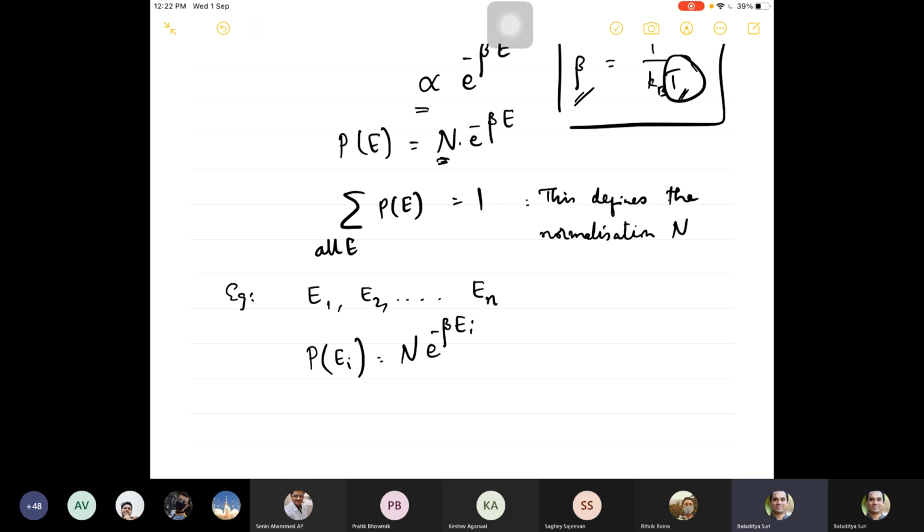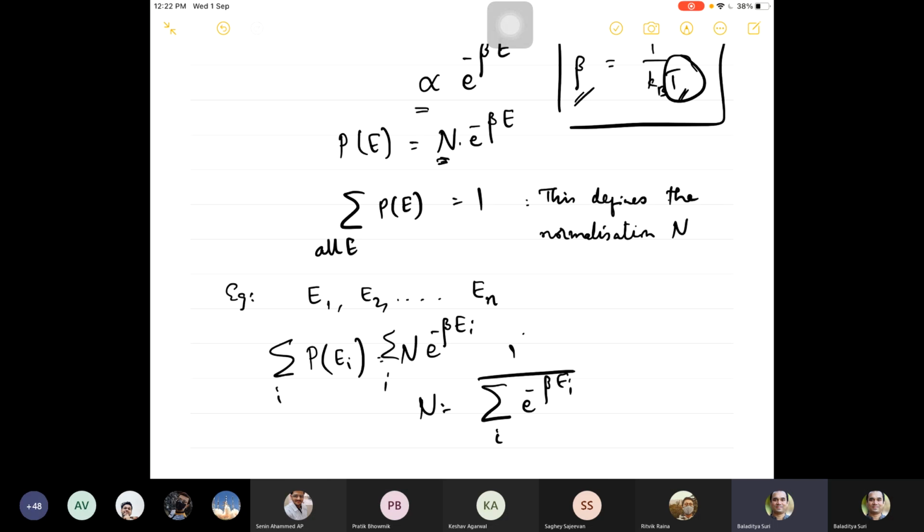And 1 by N will be the summation over all i of e to the power of minus beta Ei, since the summation over all i of P of Ei is equal to 1.